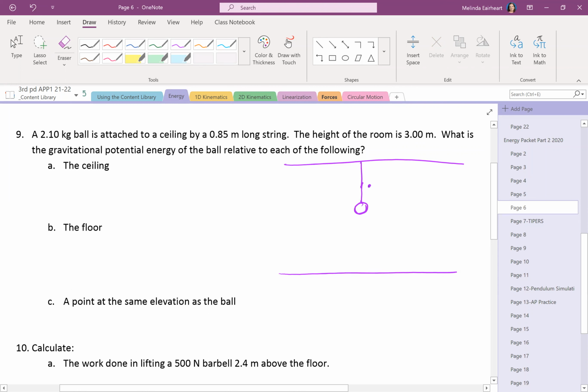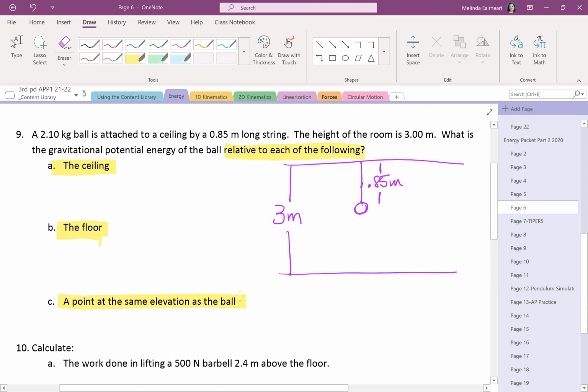The string is 0.85 meters, ceiling to the ball. The height of the room is 3 meters. So ceiling to floor is 3 meters.